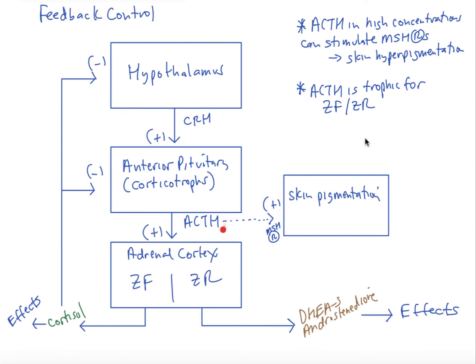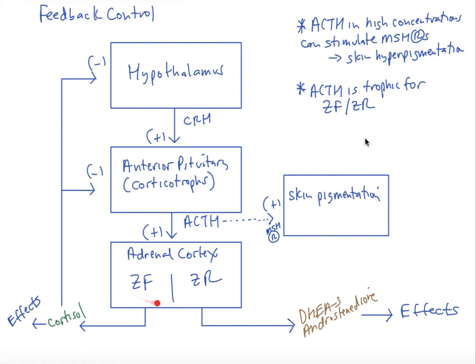Another important point is that ACTH is trophic for these layers of the adrenal cortex. That is, stimulation of the ACTH receptors on the zona fasciculata and reticularis maintain the gland size of those two zones. So if I have excess ACTH, these layers can become hyperplastic, increase in size, and if ACTH is absent or reduced, the adrenal cortex layers ZF and ZR will become atrophied.